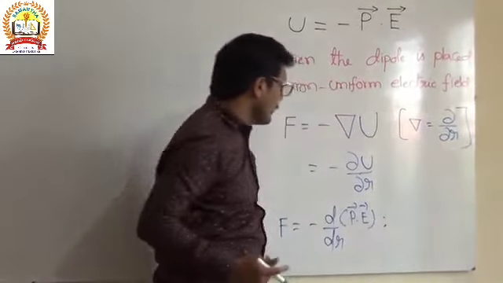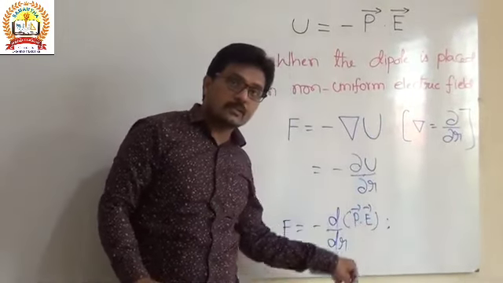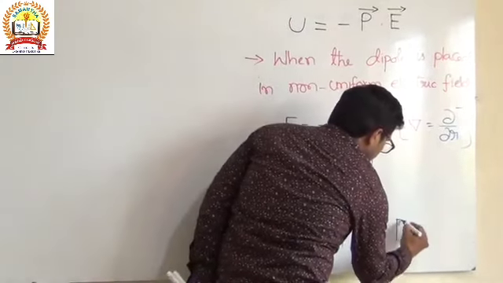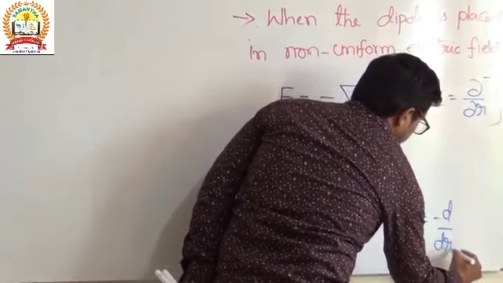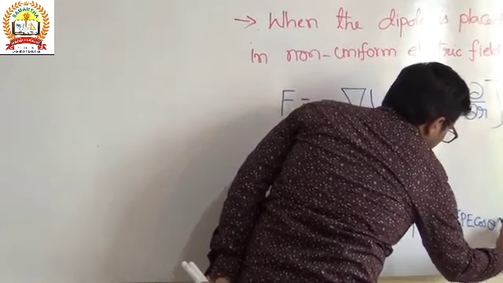And if the dipole moment and the electric field are both along the same direction, then the force F is equal to minus d by dr of P cos theta.